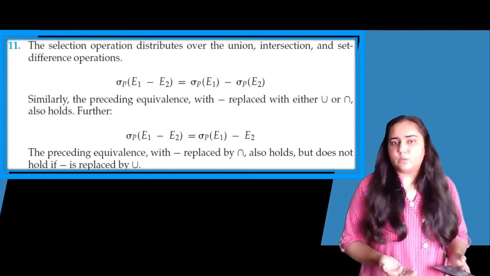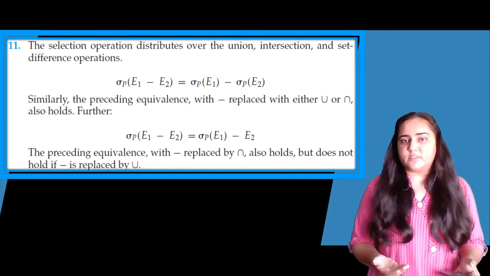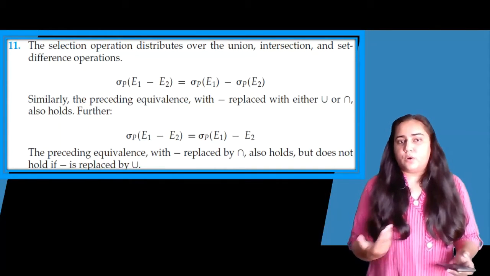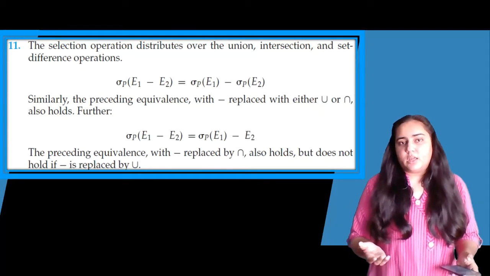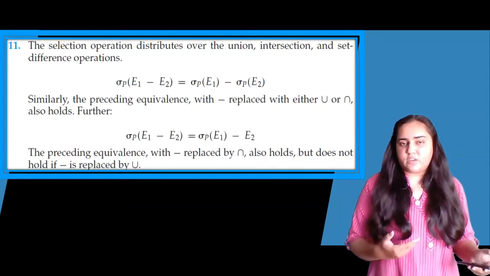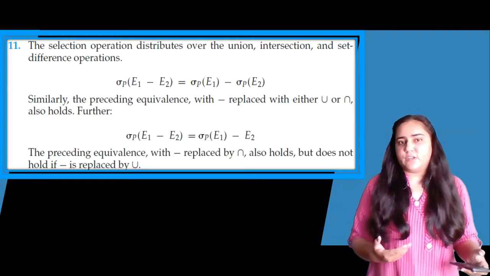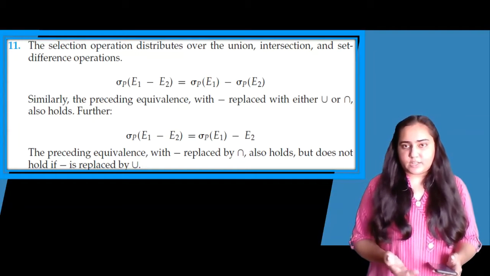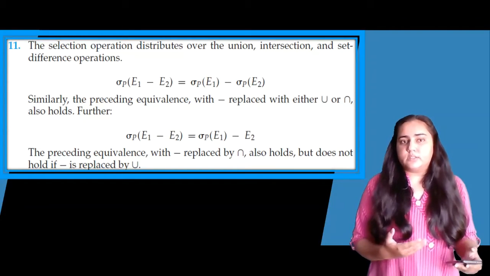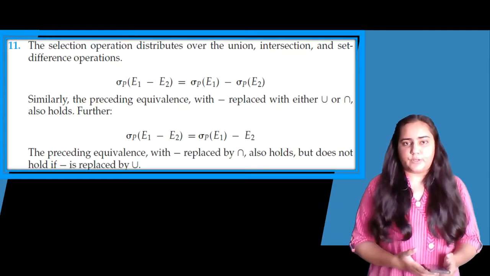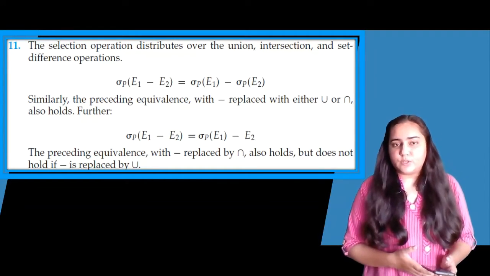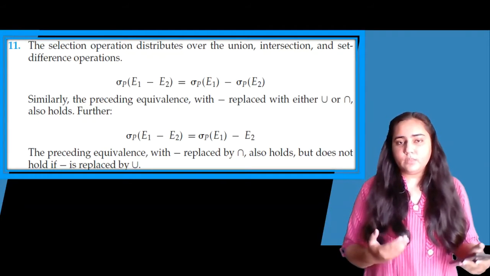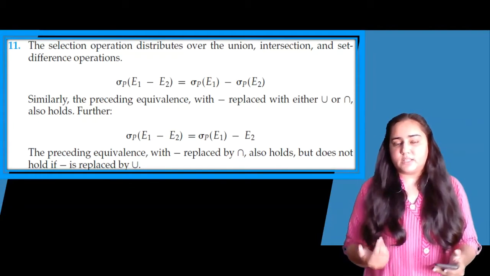Similarly, the preceding equivalence with minus replaced with either union or intersection also holds, which means I can do the same thing if, instead of E1 minus E2, it was E1 union E2 or E1 intersection E2. I can still distribute the select operation. And you can see next what you have is sigma p of E1 minus E2.